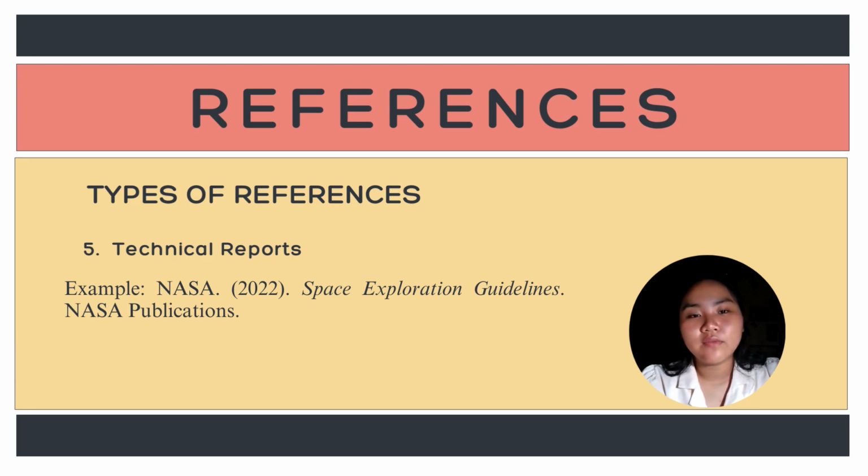For the format of this reference, it should have the organization which serves as the author, followed by the title, which must be italicized to indicate a published document. And lastly, you should have the publisher's name, which is provided at the end of the reference.